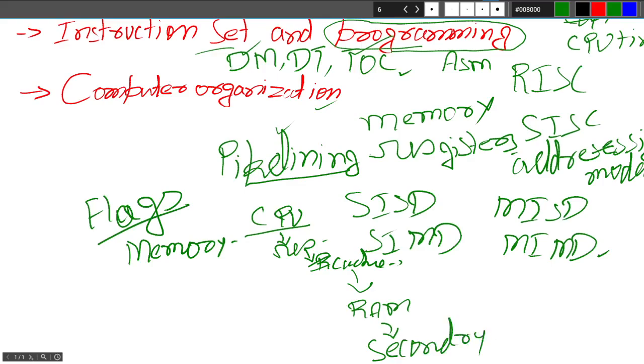So you will get to see in memory organization how we store in cache, how this cache memory is used. Basically you can understand that between CPU and RAM this cache memory is in between. So you get to learn how cache memory can be used.